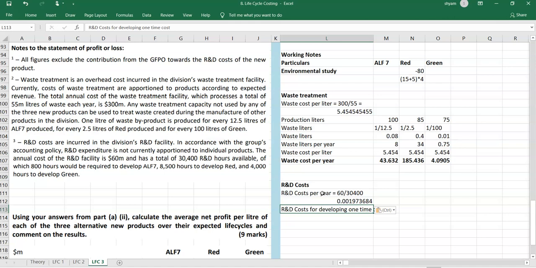So this is a number that we got, and this number has to be multiplied.